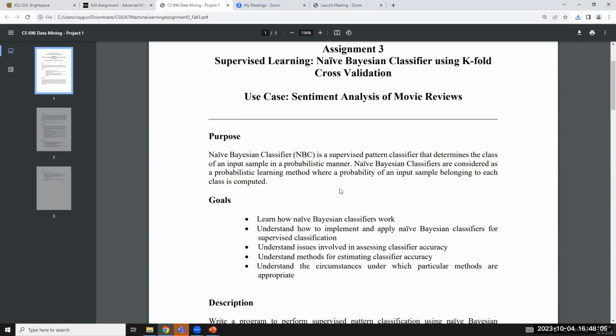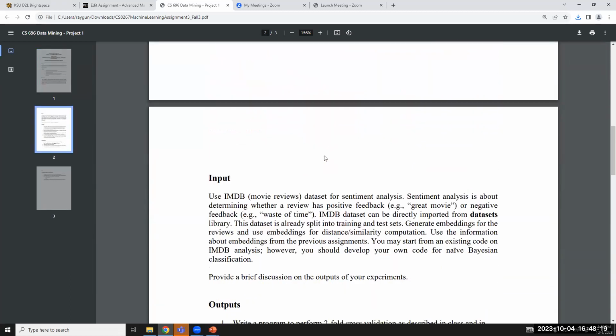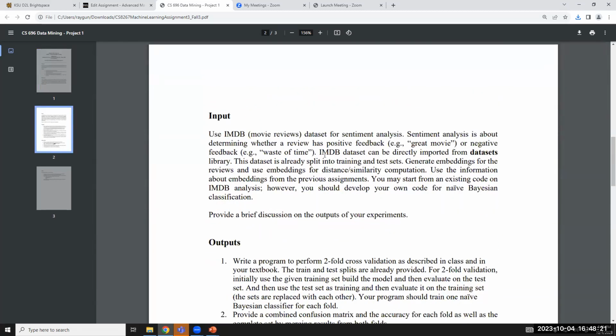You don't need to regenerate the embeddings if they are in your Jupyter notebook. You are going to use the same thing, but apply a Bayesian classifier. Same problem with a Bayesian classifier.